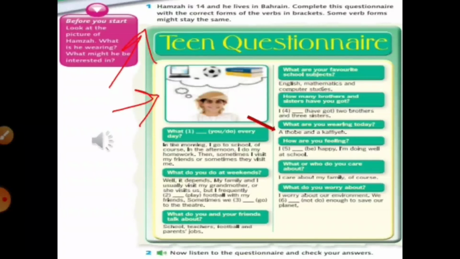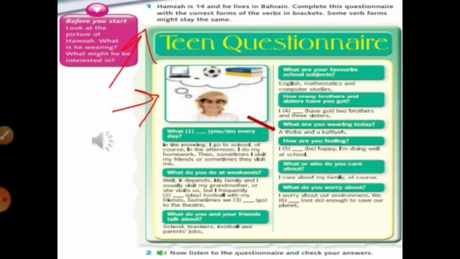Teen questionnaire. What do you do every day? In the morning, I go to school, of course. In the afternoon, I do my homework. Then, sometimes I visit my friends, or sometimes they visit me. What do you do at weekends? Well, it depends. My family and I usually visit my grandmother, or she visits us.